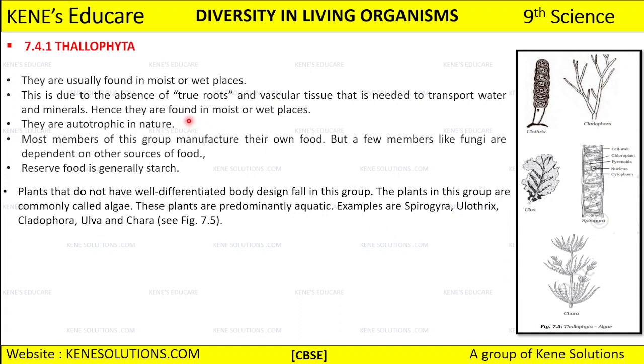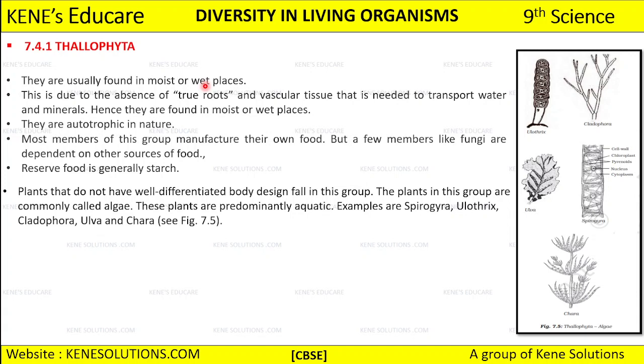Okay, so thallophyta, they are usually found in moist or wet places. Where do we find thallophyta? Moist and wet places. Why do these thallophytas exist in moist or wet places?